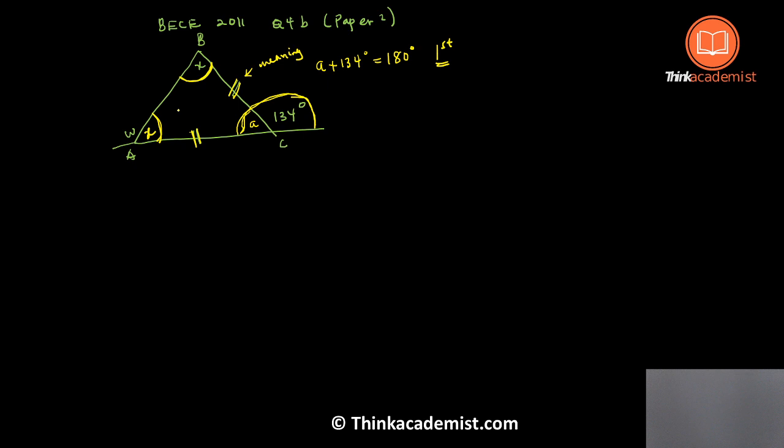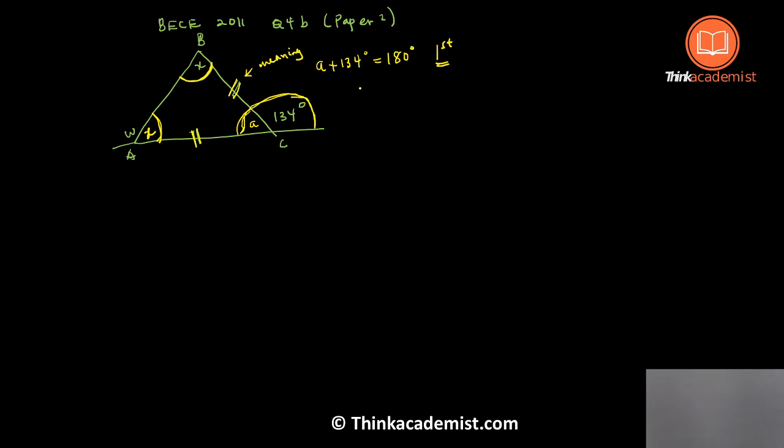Establishing that, we'll quickly find A. We need to find A first. Once we find A, we fix in A, and then we can find the value of X, because we just slot in X plus X plus A equals 180, since the total angle in a triangle is equal to 180. So let's solve for A first.